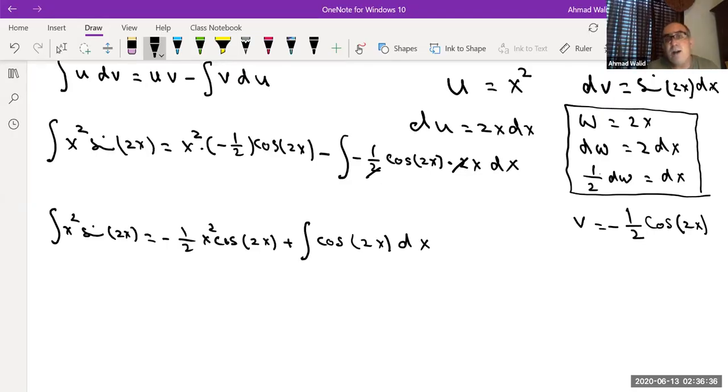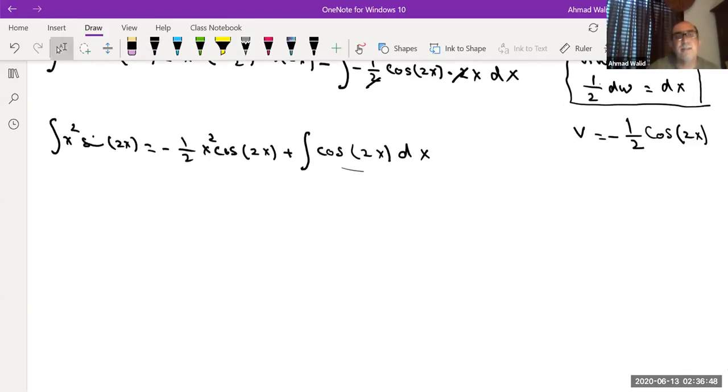Now, again, you have integral of cosine 2x. Again, you have to use your substitution method to understand how to find this integral, correct? Then your answer is equal negative 1/2 x squared cosine 2x plus, what is integral of cosine 2x?